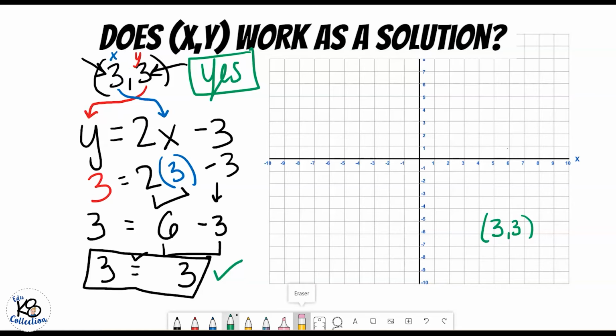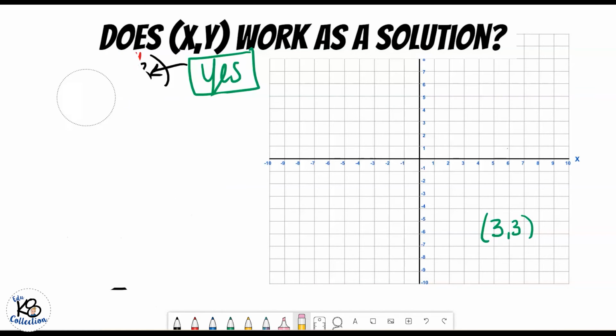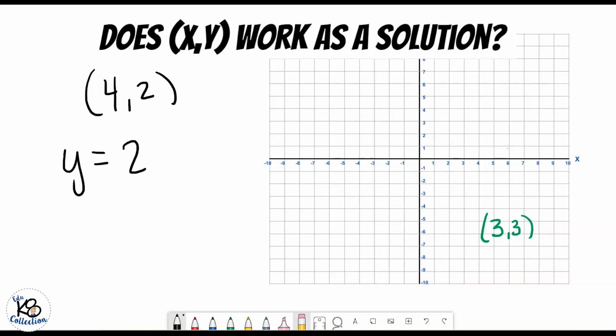Let me erase this and we will do another point. This time, let's test a point that I already know is not going to work. For example, let's test the point (4, 2), still using the same equation, y equals 2x minus 3. Let's see if this x and y would work as a solution.